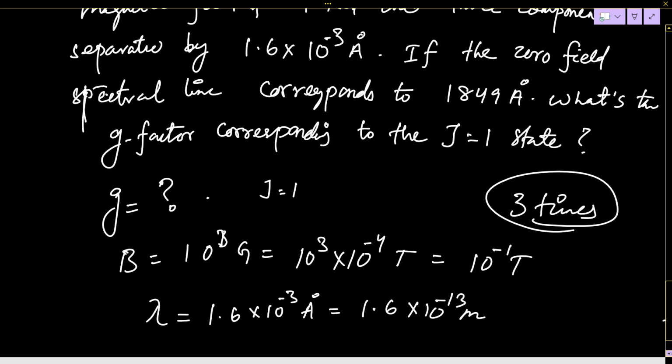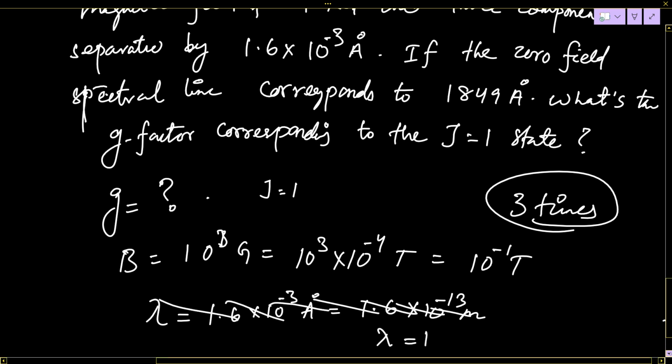Okay. Zero field spectral line corresponds to this. Sorry, this is not. No. This is lambda, 1849 angstrom. This is your lambda. Okay. Minus 10. This is your lambda.